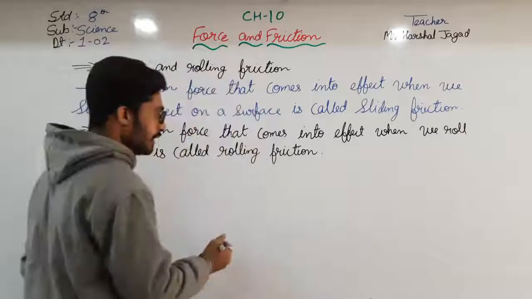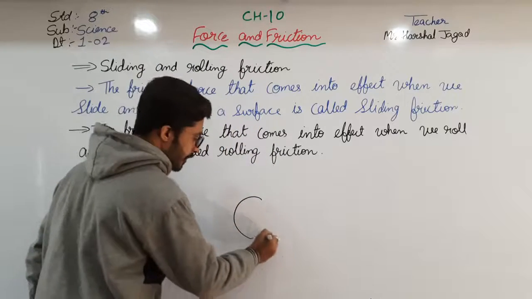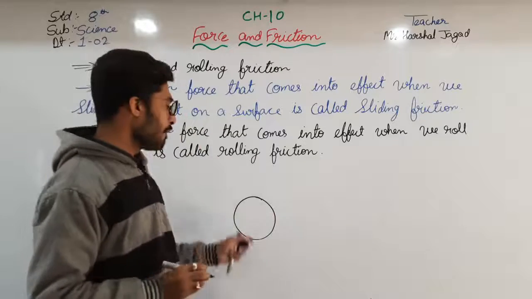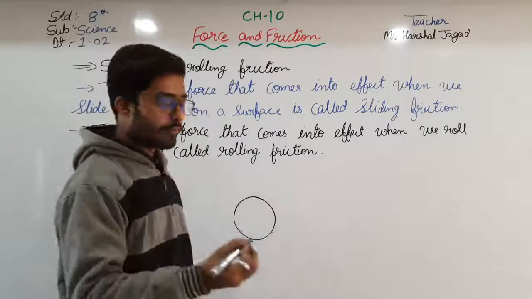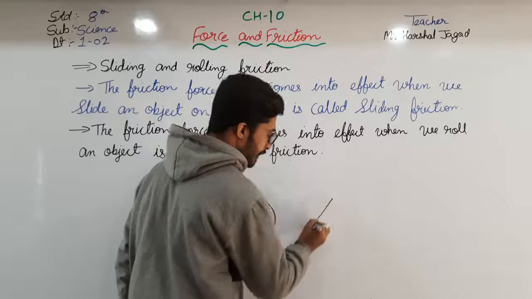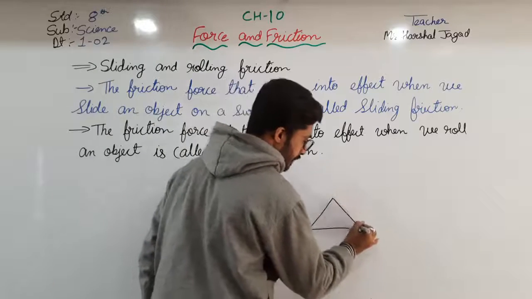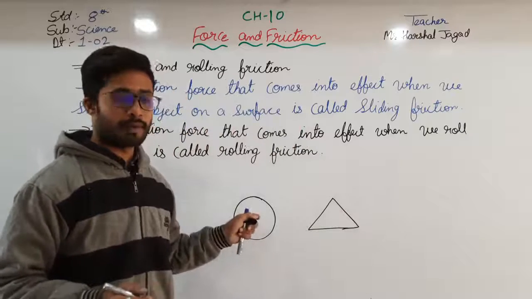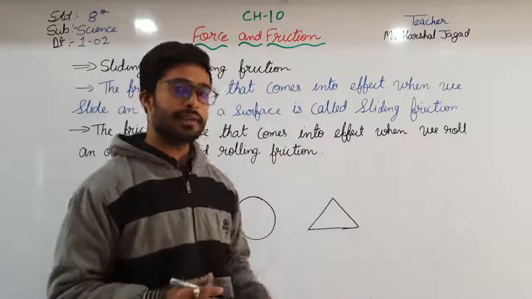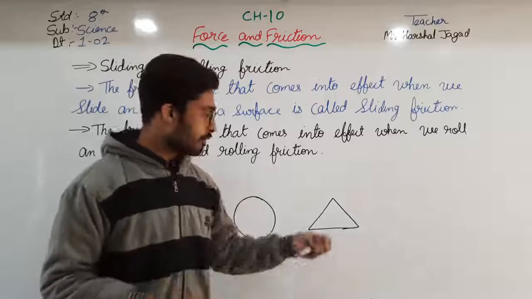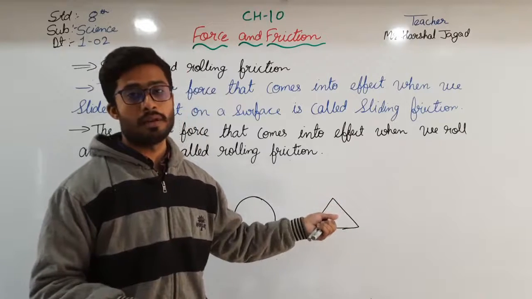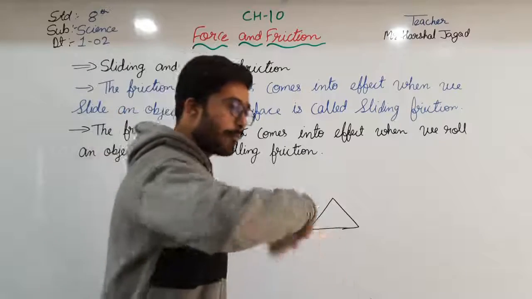If I say the wheels were not in the cylindrical or circle shape, then can the wheels move? If I just make a wheel like this, then what will happen? This is a cylindrical shaped wheel and this is a triangle shaped wheel. Will it move easily? It will move gap by gap.